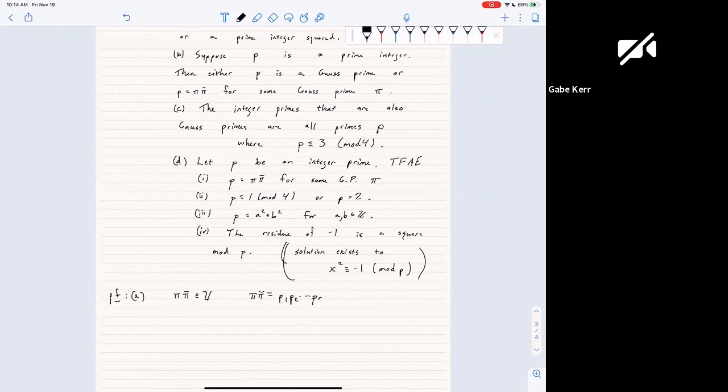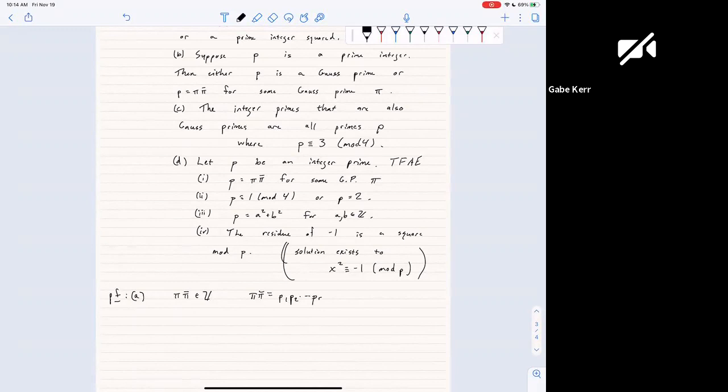It's a PID, in particular, it's a UFD. So we talk about factorization and unique factorization. Here we have pi times pi bar. We factor it into a bunch of other factors. But pi and pi bar are prime. If pi is prime, pi bar is prime. That's not hard to do.